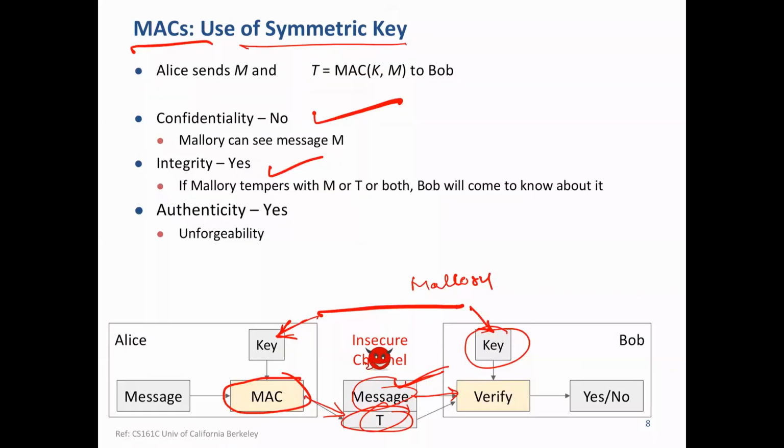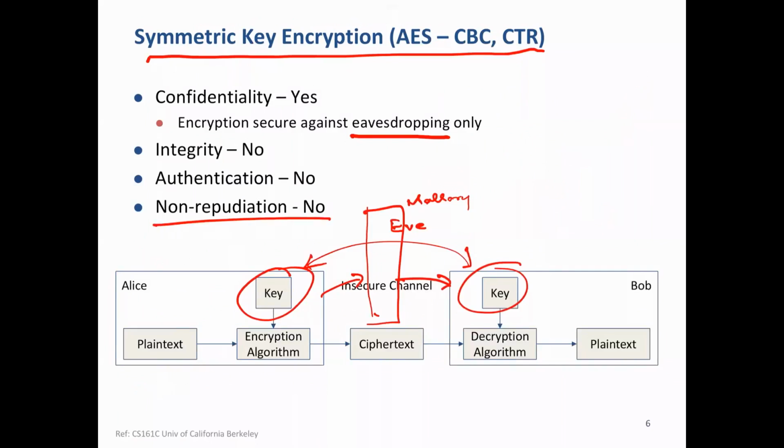Okay, non-repudiation. We have not discussed these terms too much so far. Non-repudiation means that if Alice has sent something to Bob, later on Alice cannot claim that she has not sent anything. Okay, or she cannot refuse a transaction she has done.